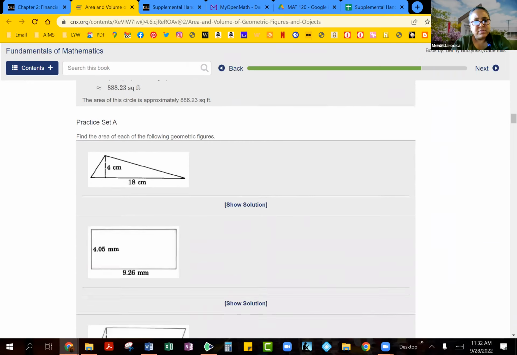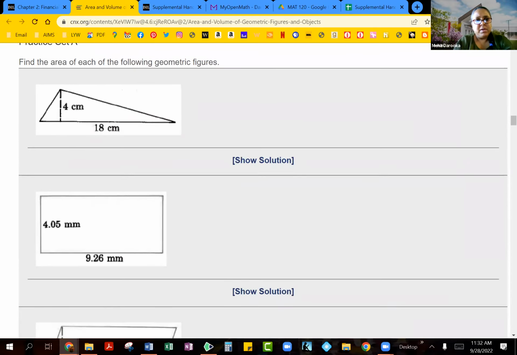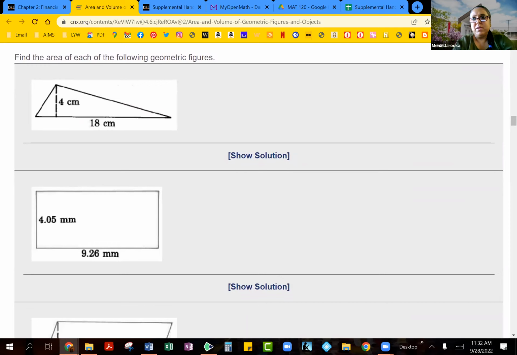Let's actually do these examples here. Alrighty, so we're starting out with our triangle over here. So remember, area of a triangle is 1/2 base times height. So in this case, 1/2 of course stays the same. Your base is going to be 18 and your height is going to be 4.